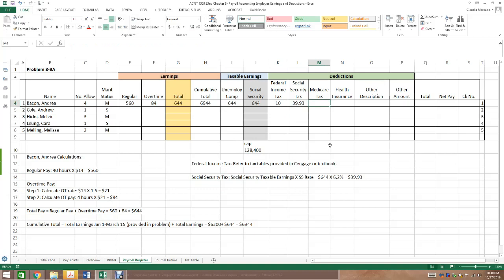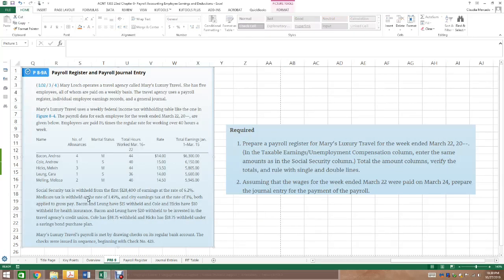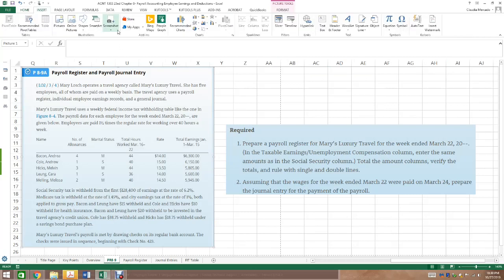Okay. Medicare tax. It tells you that your Medicare tax rate is 1.45%. Let me circle these.